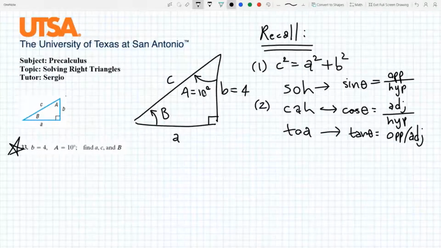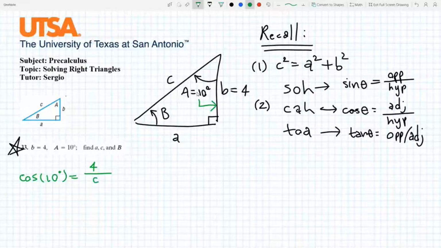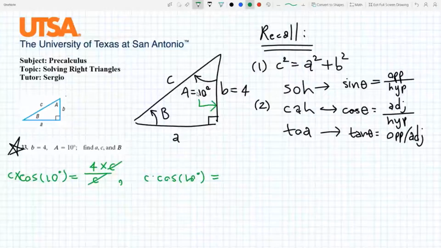I notice that I have the adjacent side relative to this angle 10 degrees. So I know I can most probably use the cosine identity. So the cosine of 10 degrees is equal to B, which is 4, that's the adjacent side because it's next to the angle 10 degrees, divided by the hypotenuse C. If I multiply both sides by C, I end up with C times the cosine of 10 degrees is equal to 4, because the C is reduced to 1.